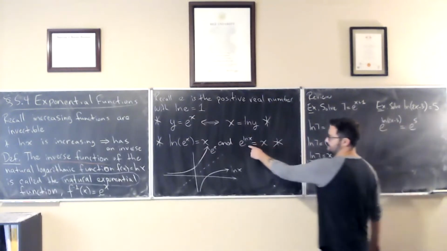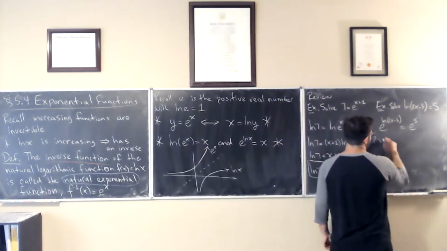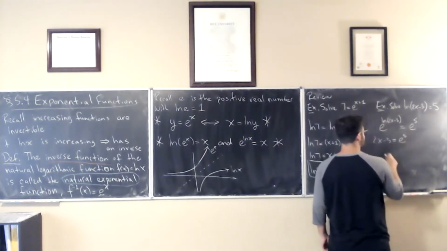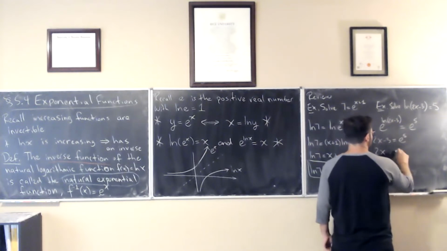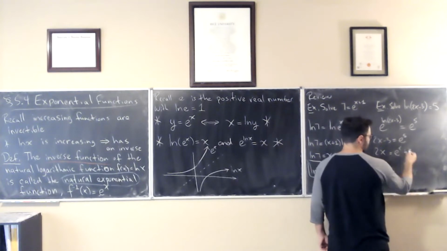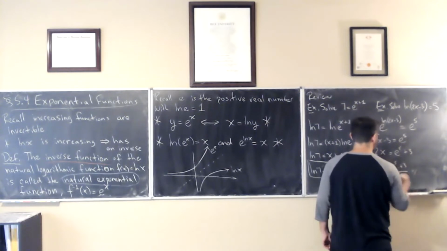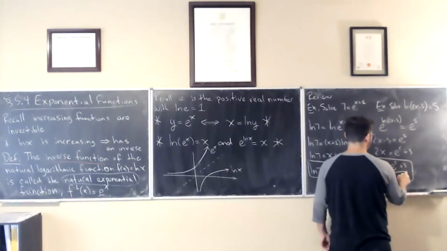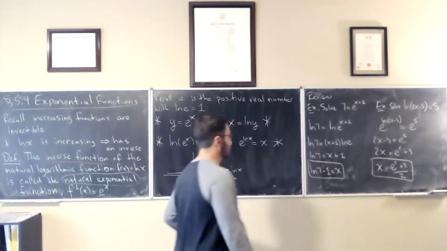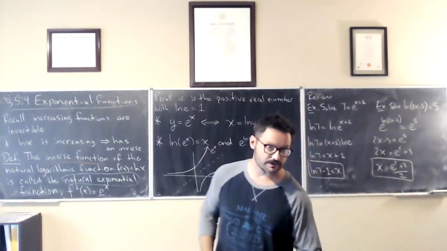And by this property here, because these are inverses of each other, we get that 2 times x minus 3 is equal to e to the power of 5. 2x is equal to e to the power of 5 plus 3. And then finally, x is equal to that divided by 2. So it's just reviewing the basic techniques of solving exponential equations and natural logarithmic equations.